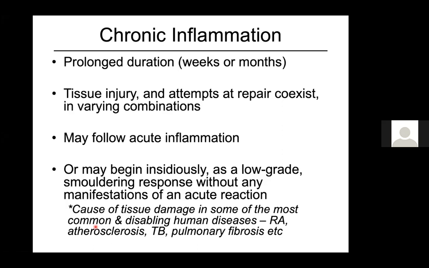And the thing is that with the inflammation, you also get attempts at tissue repair. So you get both occurring at the same time. It can either start on its own, or it can progress from acute inflammation. And we'll later come to see the importance of chronic inflammatory processes in certain diseases. In terms of infection, the prototype would be tuberculosis.